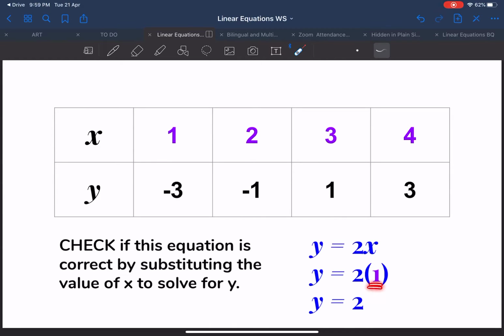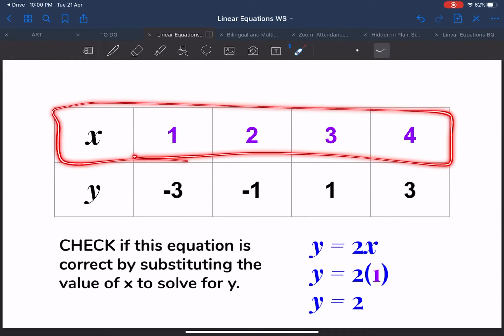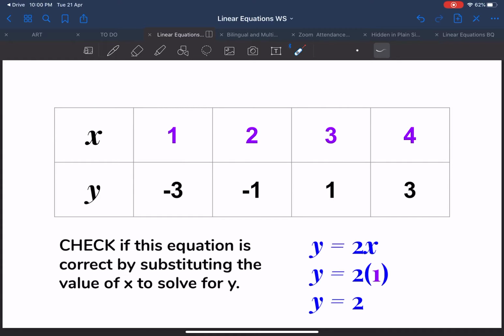So y is equal to 2x. Y is equal to 2 times 1, because 1 is a value of x. See? It's in the x table. And therefore, if x is equal to 1, y is equal to 2, based on our equation.